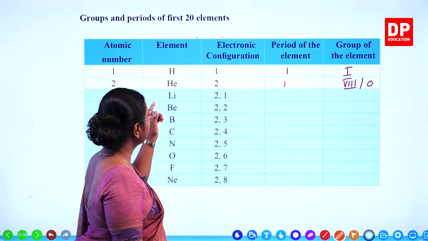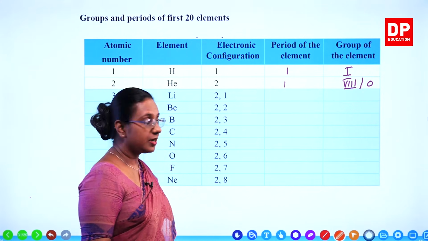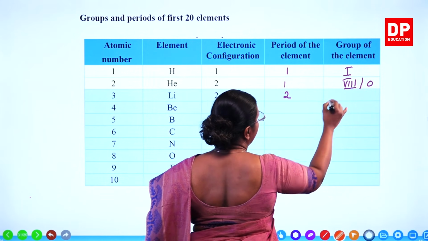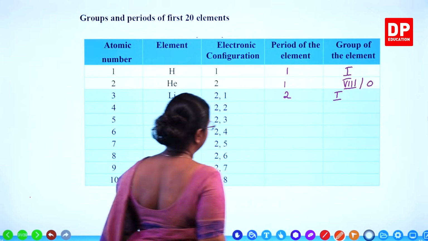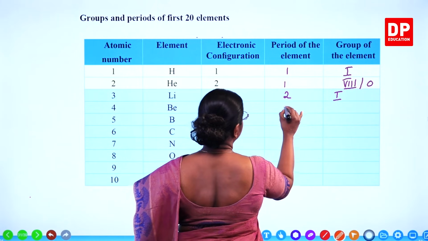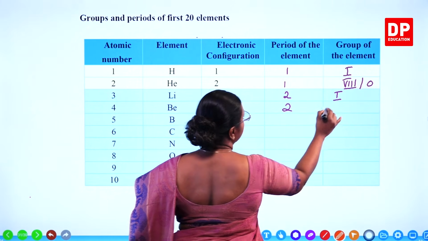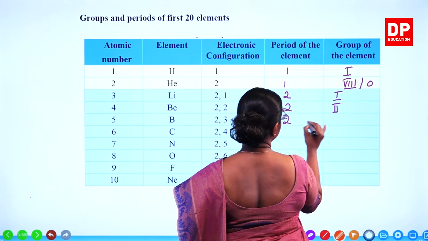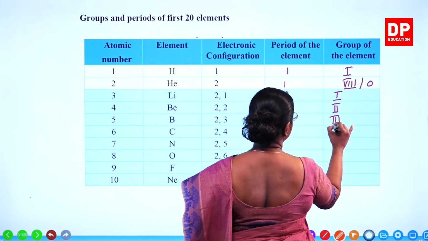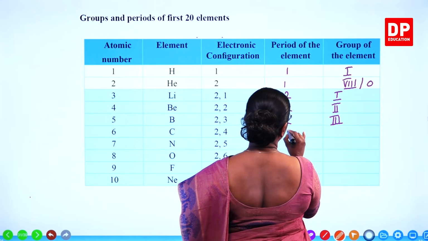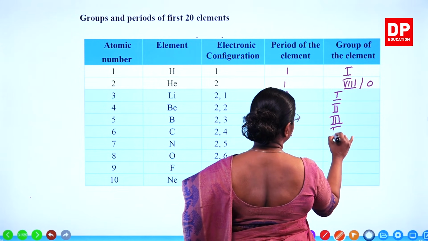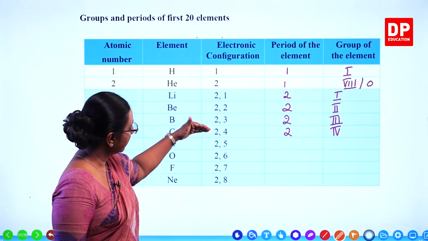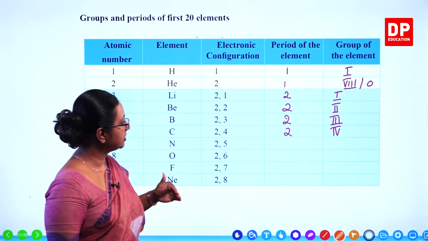Then the third element, lithium, 2, 1. So it belongs to period 2 and group 1 again. Beryllium, period 2, group 2. Boron, period 2, group 3. Carbon, period 2, group 4. You can see all these elements have electrons in the first 2 energy levels.